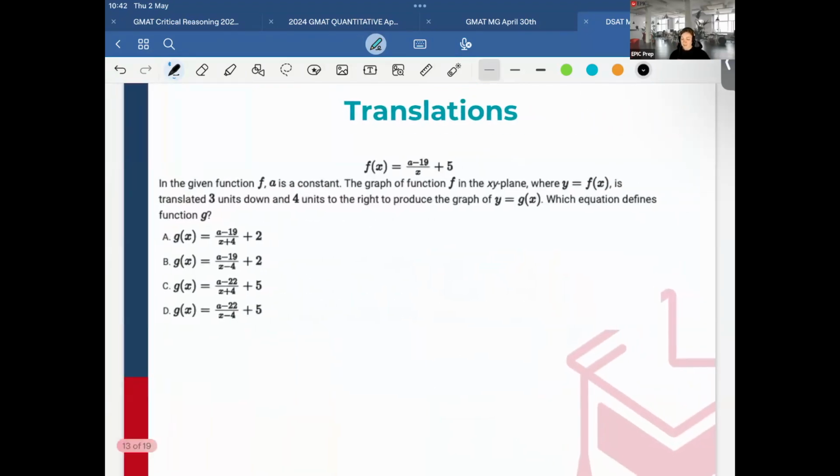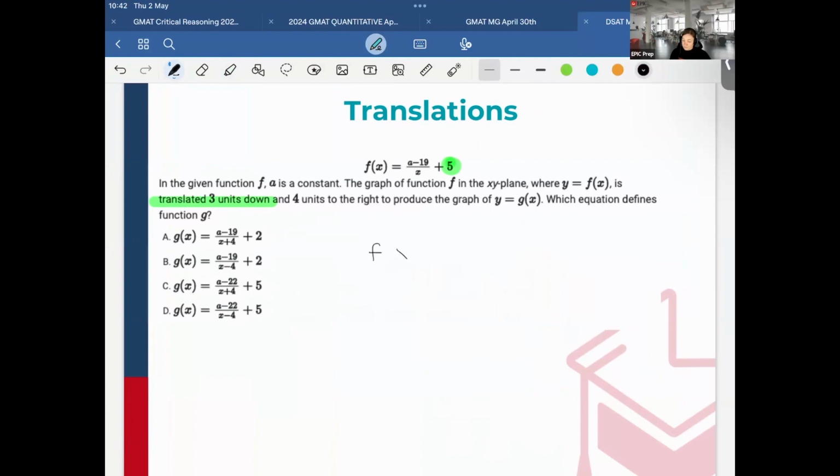Okay, so here it says in the given function f, a is a constant, the graph of function f in the xy plane, where y equals f of x, is translated 3 units down. So remember, if it translates down, that means it'll be -3.